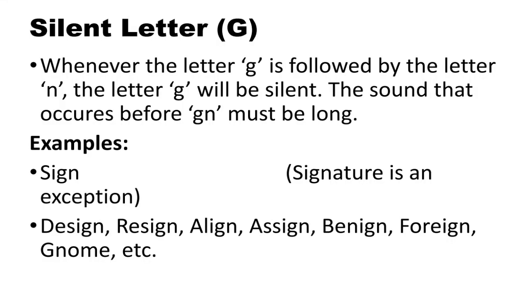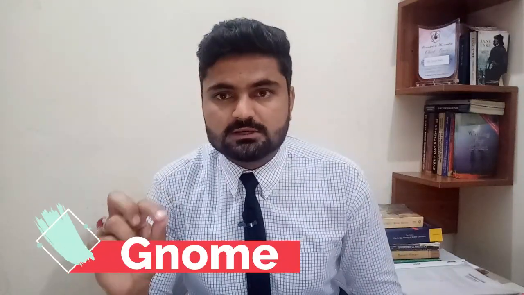Well, let's take some other examples as well: design, resign, align, assign, benign, and foreign, etc. And there is another example, that is the word gnome. Gnome. G occurs at the beginning of the word, and it is followed by the letter N. Therefore, it is silent here.